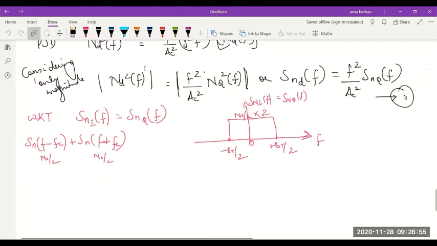Or in other words, this ND square of f is nothing but the power spectral density of detected noise. Okay, power spectral density of detected noise.